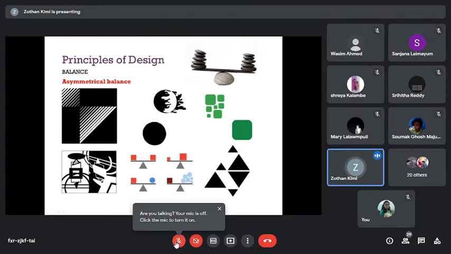But we still have a visual balance, because the amount of white and black on the left side is more or less, maybe say 98%, equal to the amount of white and black on the other side. So neither the left side nor the right side is psychologically feeling heavier than the other. That is why we have an asymmetrical balance feature over here.